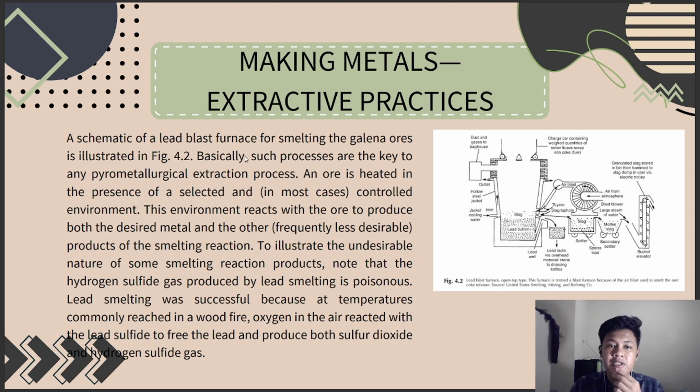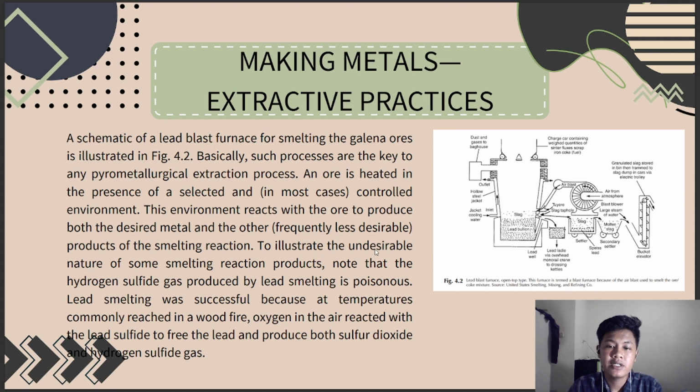A schematic of a lead blast furnace for smelting galena ores is illustrated in figure 4.2. Basically, such processes are the key to any pyrometallurgical extraction process. An ore is heated in the presence of a selected and controlled environment. This environment reacts with the ore to produce both the desired metal and the other products of the smelting reaction.